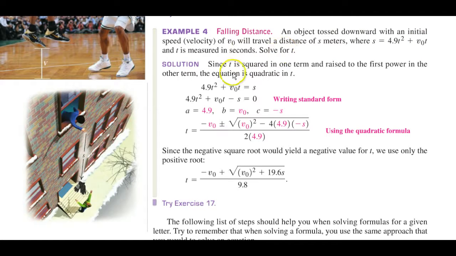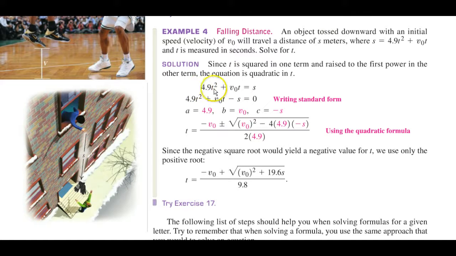Okay, so we have to do some substitution. So there's our basic equation, and you want to solve for the letter t. Well, there's the t there, and there's the t there.